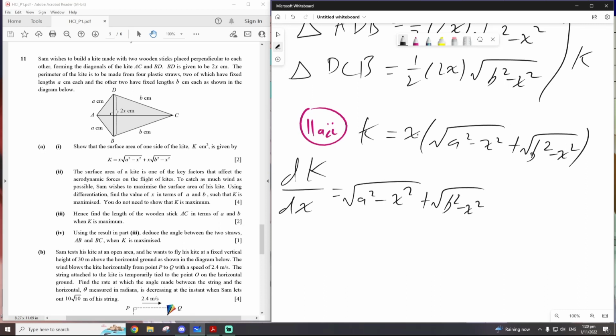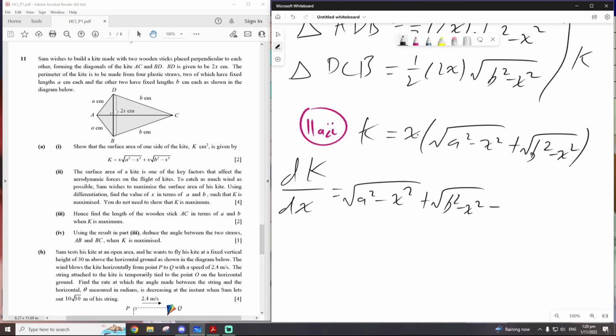Okay, so far so good. Now I need to differentiate this. If I differentiate root a squared minus x squared, I'll get power negative half, power half, and then differentiating x squared gives me negative 2x, so the 2s cancel out, but it becomes negative.